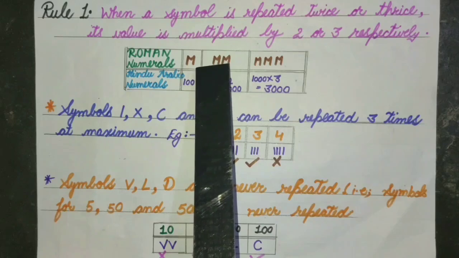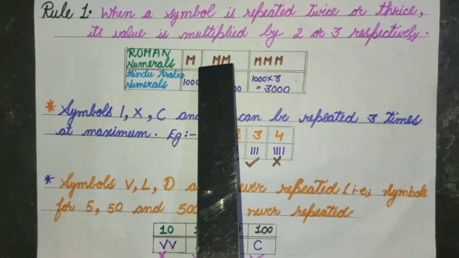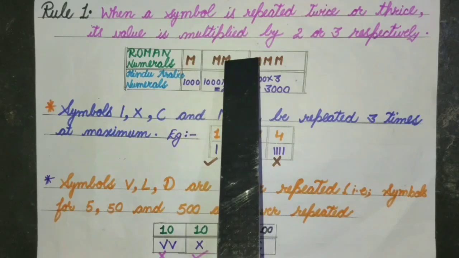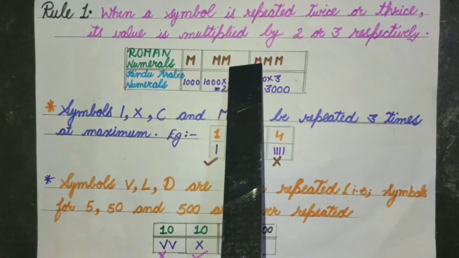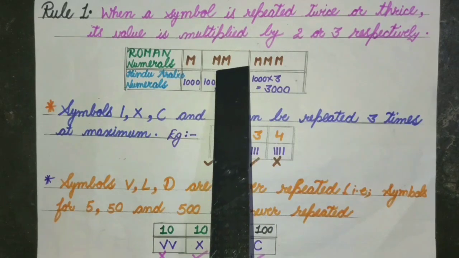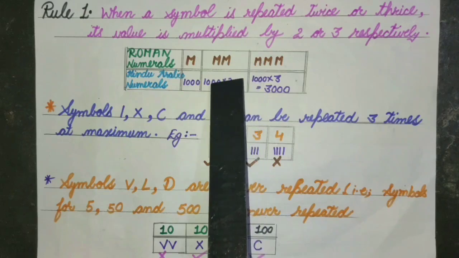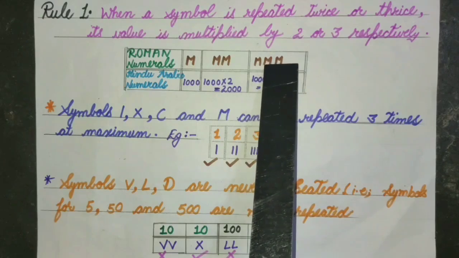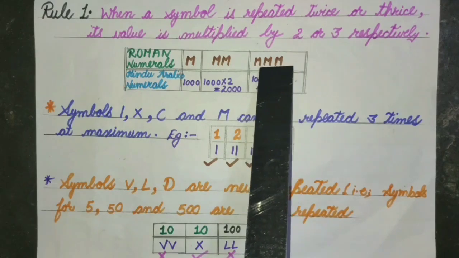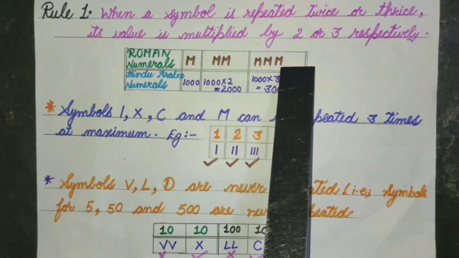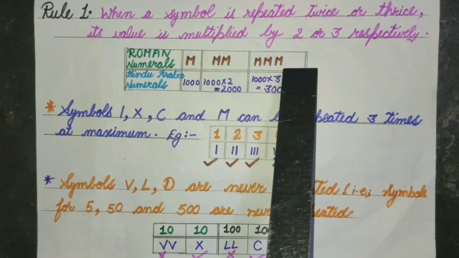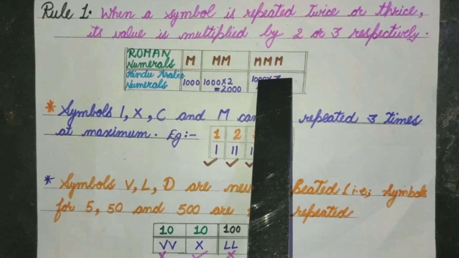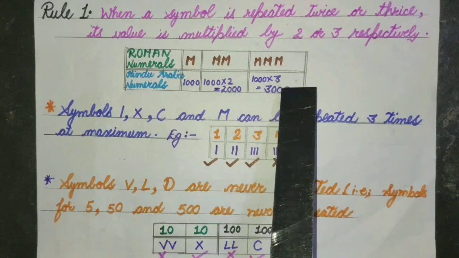When we are using two M's together, it means 1000 is here 2 times. 1000 multiplied by 2 is equal to 2000. When we are using M here 3 times, it means 1000 is used 3 times. So 1000 multiplied by 3 is equal to 3000.